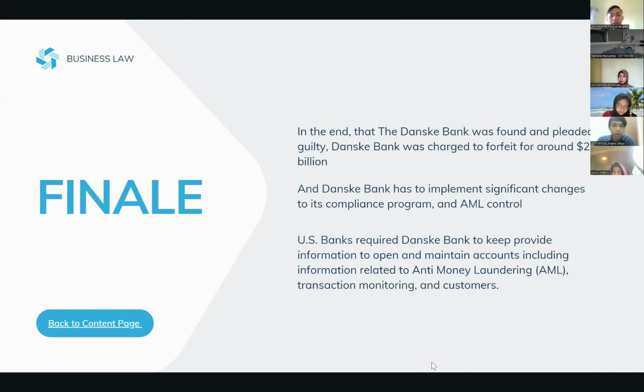Then Danske Bank has to implement significant changes to its compliance and AML, the anti-money laundering. What happened next is Danske Bank was monitored under the US bank, so they have to keep providing information related to anti-money laundering and even transactions with customers. Okay, next.